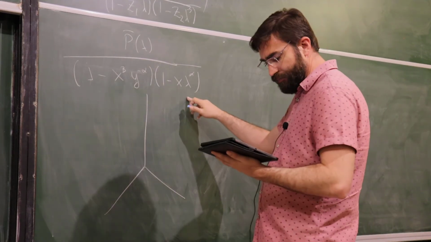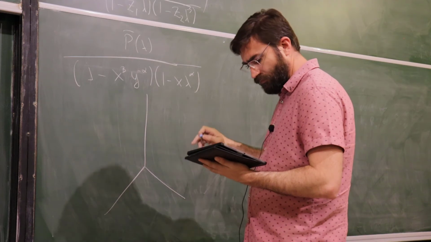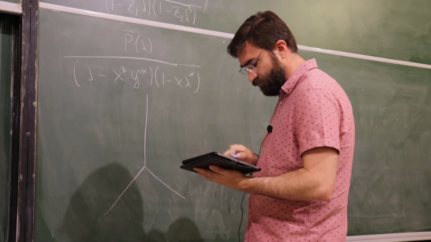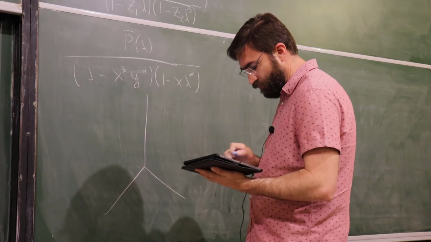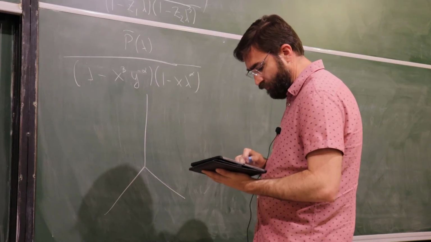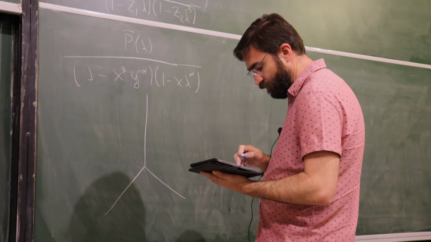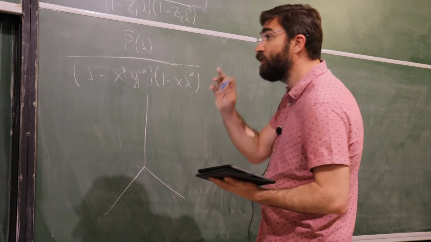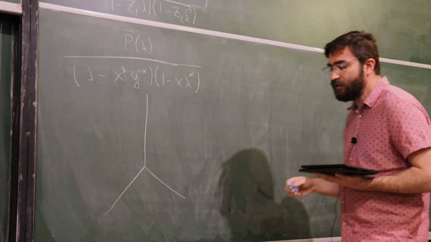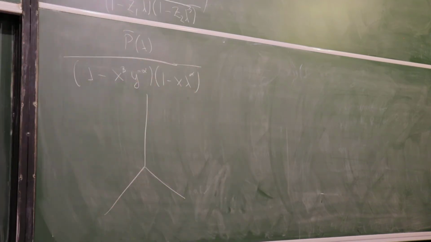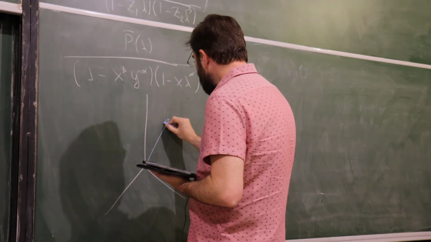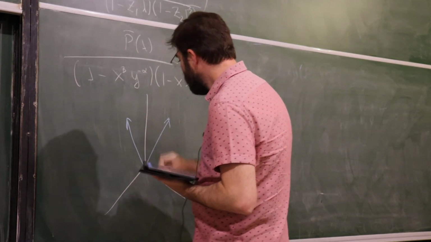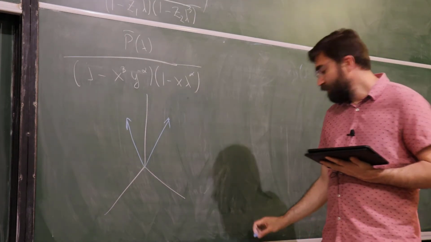What do we have here? Sorry, what I wanted to draw first is this one, right? Where both alpha and beta are positive. This is what we start with. So let's say we start with something like that. Okay?